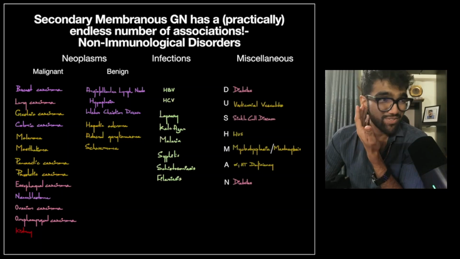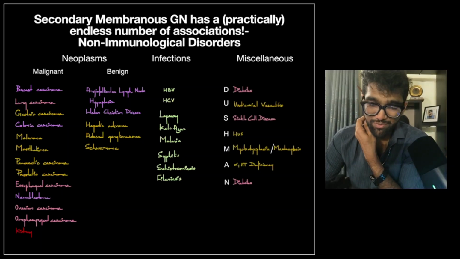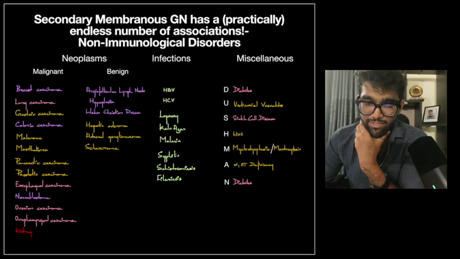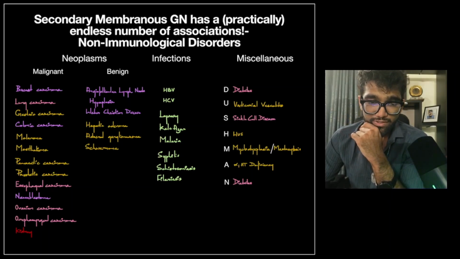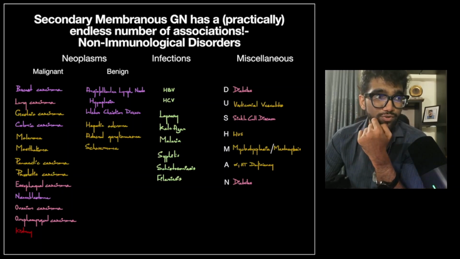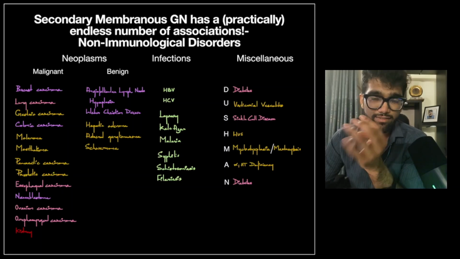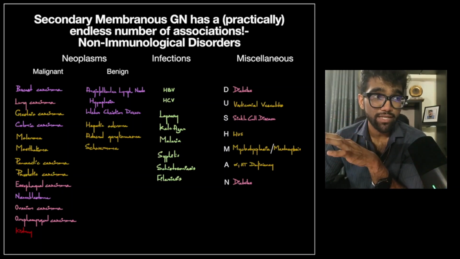Now, for the last group of disorders I use a mnemonic, Dushman, because I get tired of remembering it. Dushman in Hindi means enemy. So D stands for diabetes, U stands for urticarial vasculitis. Interestingly, I recently had a patient with hypocomplementemic urticarial vasculitis syndrome who had nephrotic range proteinuria, but the biopsy showed crescentic GN because it was actually HUVS.